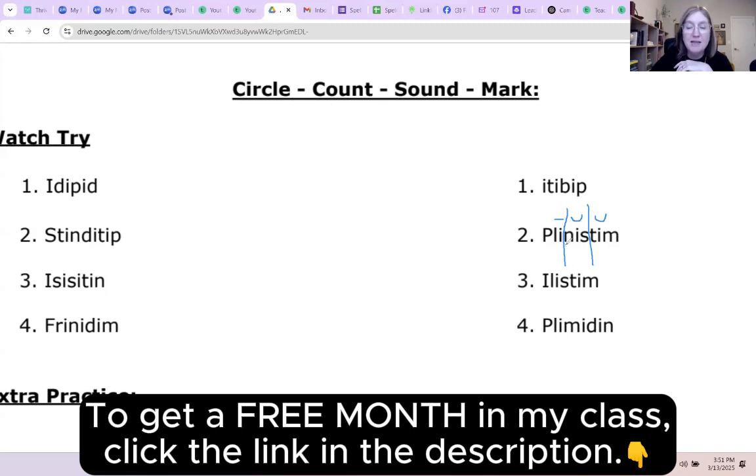So this first I is going to say I. So this first part will say p, l, I, ply. Now we're starting with the N, and this I says I because it's in the middle. So the sounds are n, I, s, nis. Putting those 2 parts, plyness. We're going to put plyness on the shelf.